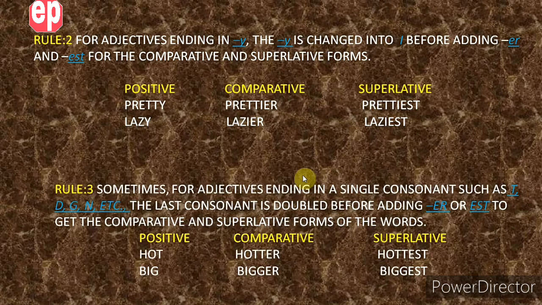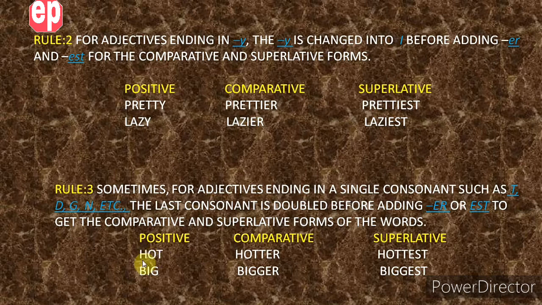Now let's move on to rule number 3. Sometimes for adjectives ending in a single consonant such as t, d, g, n, etc., the last consonant is doubled before adding er or est to get the comparative and superlative forms of the words. So here the last consonant is doubled before adding er and est.